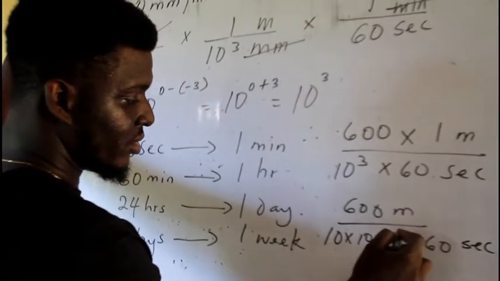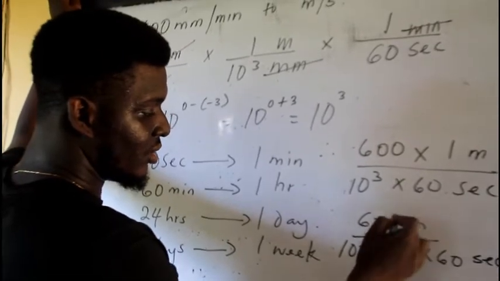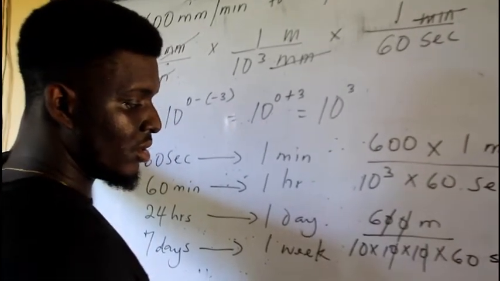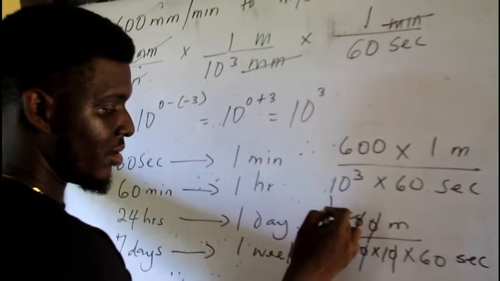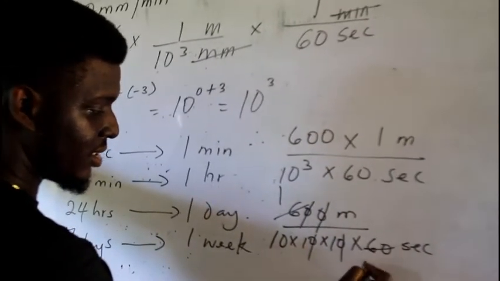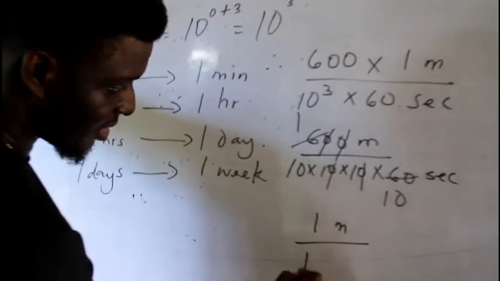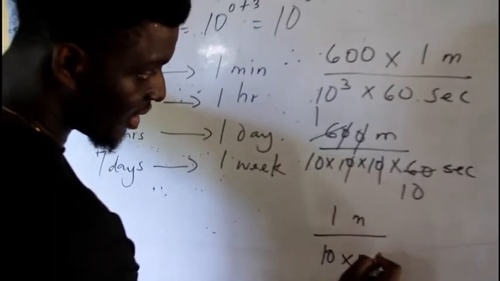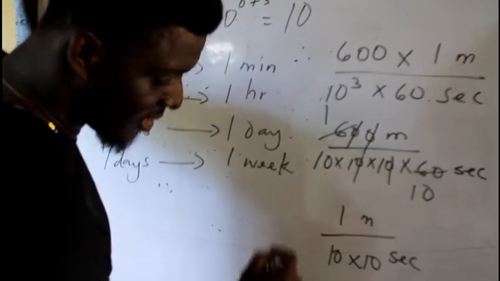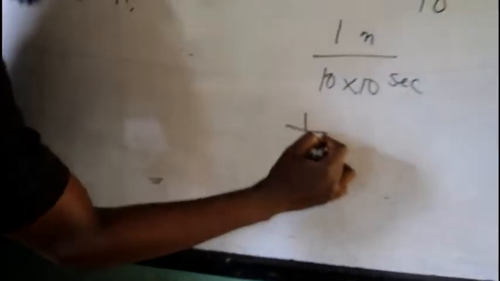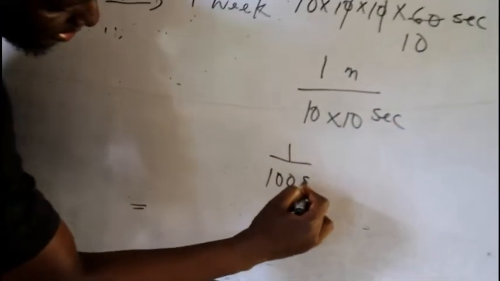These zeros can cancel this 0. So you have 6 here, 1, 6 here, 10. You have 1 meters over 10 times 10 seconds. So the answer therefore becomes 1 over 100 meters per second.